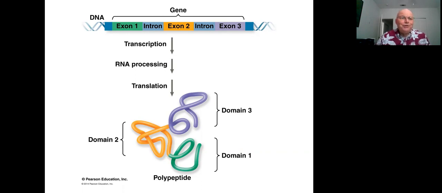So that would be another good reason for having the introns and the exons: not only the ability to shuffle the exons around to create a variety of messenger RNAs from a single gene, but also to allow for the exchange of exons between non-sister chromatids during crossing over to create a new variety of genes that allows for even more shuffling.